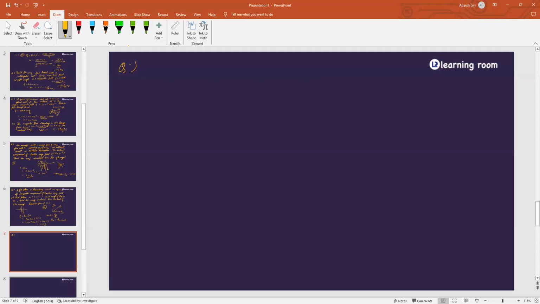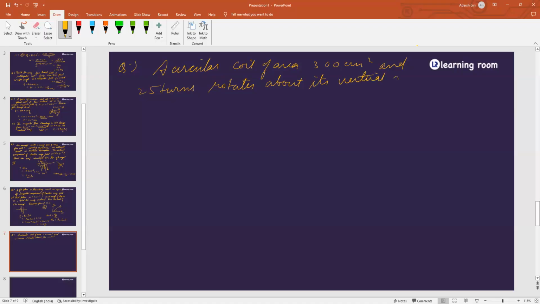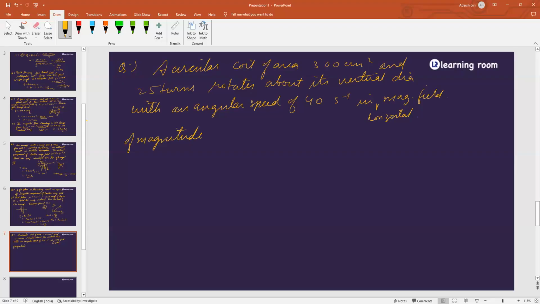Let us get to the topic of rotation. A circular coil of area 300 centimeter square and 25 turns rotates about its vertical diameter with an angular speed of 40 per second in a horizontal magnetic field of magnitude 0.05 Tesla.